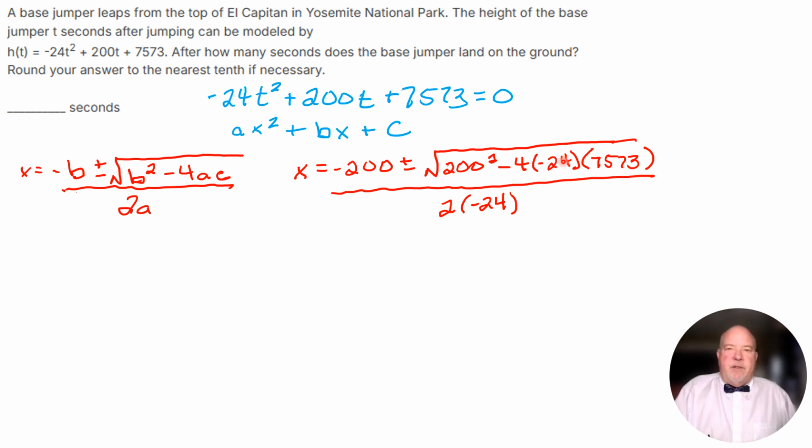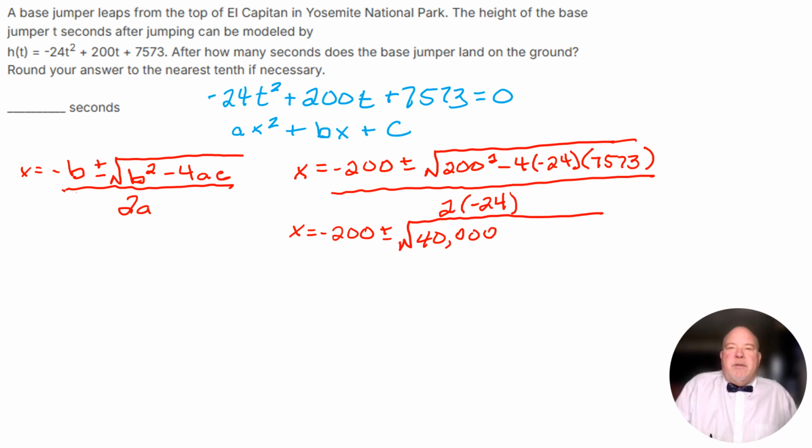Okay, that's going to be my first step here. And if you see me looking down, it's because I have a cheat sheet, because I don't know what these things come out to. And so here we go. So I have x equals negative 200 plus or minus. So 200 squared would be 40,000.